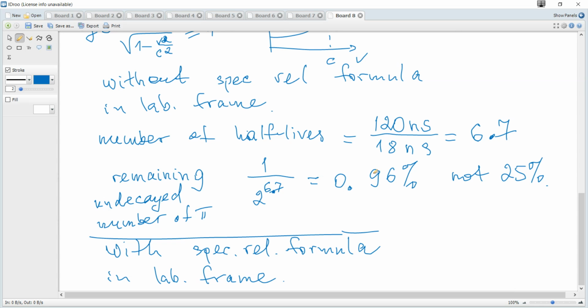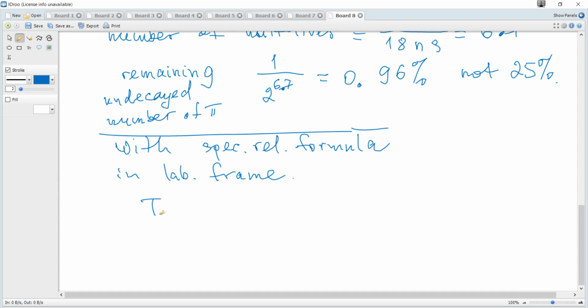In our stationary frame, we will measure dilated time, so the half-life becomes 18 nanoseconds multiplied by gamma, which is 58 nanoseconds.